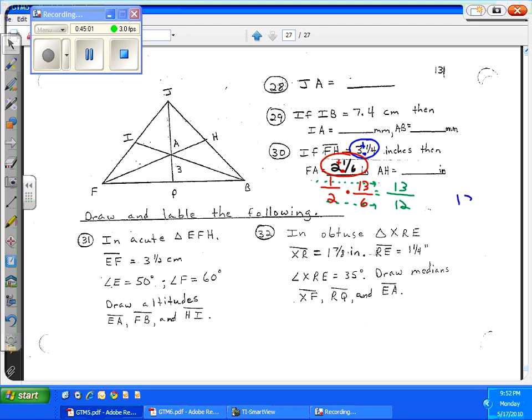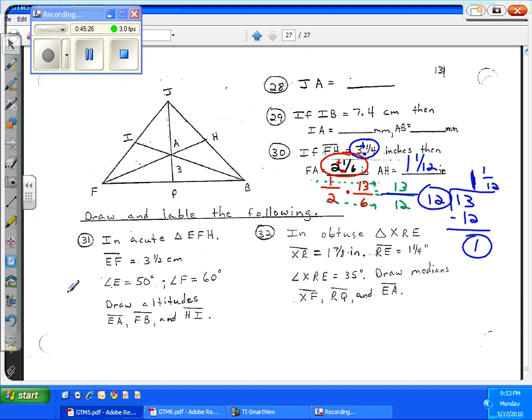We'll take the 13, divide by 12. It'll go one time, you get 12 with 1 left over. You put your remainder 1 over your divisor, 12. And so we have 1 1/12 inches. Any questions on 28, 29, 30?